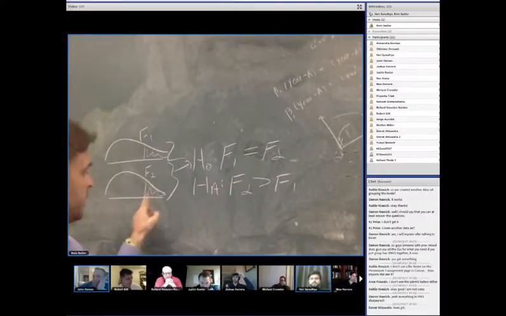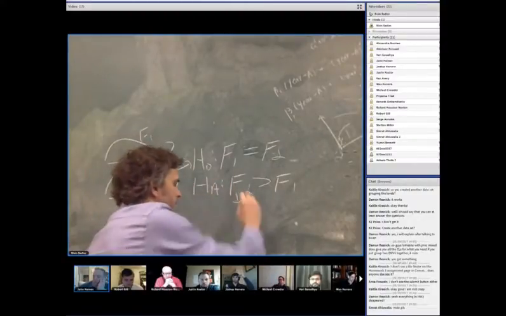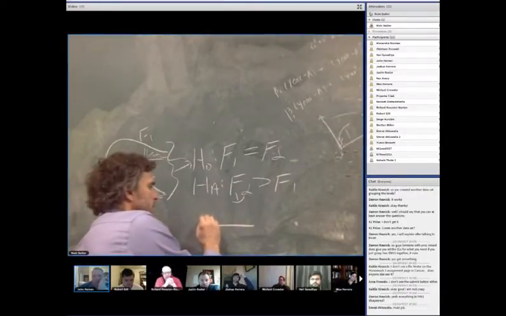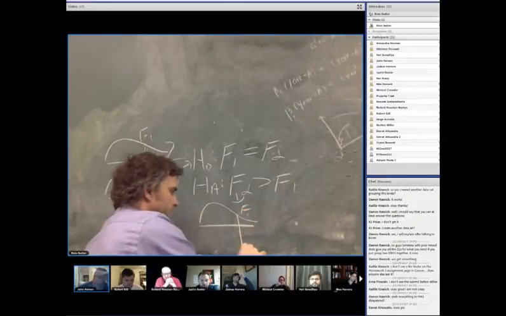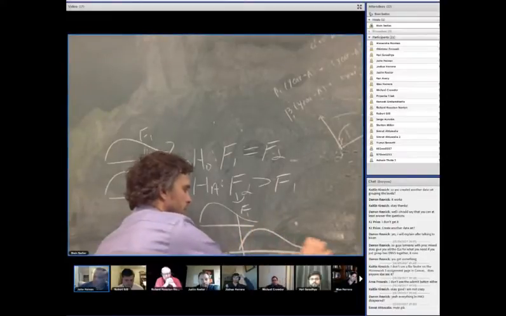So for this one, it's assigned the same probability. However, for this one here, it might look something like this, where the probability of being at this value in F1 differs, so something like that.